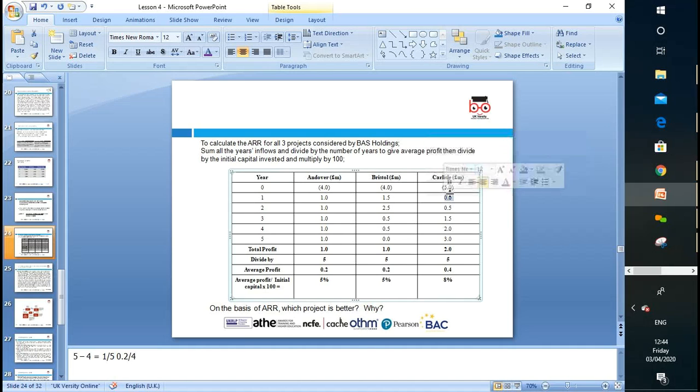So we need to think about it: if I reinvest the money, then I can forecast again. So these are the different ways to forecast and appraise your project at each stage. Any question? Yes, you're right. We can go for project C based on our return.